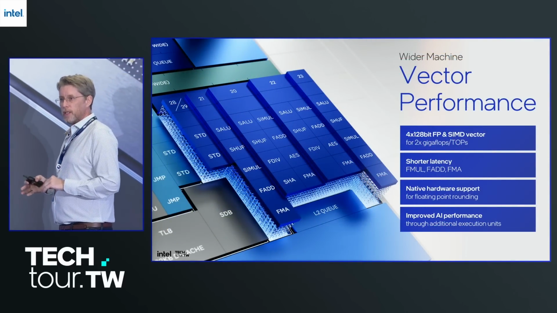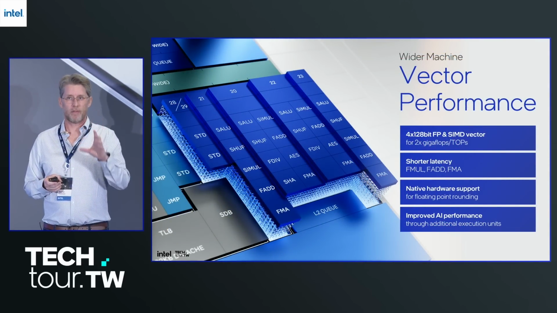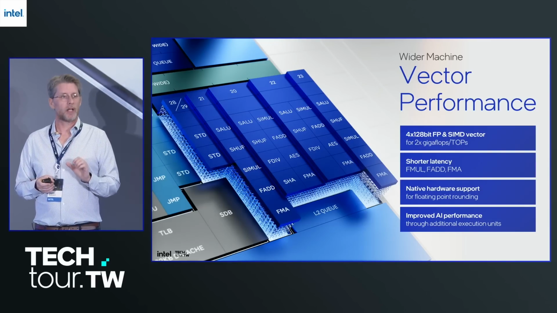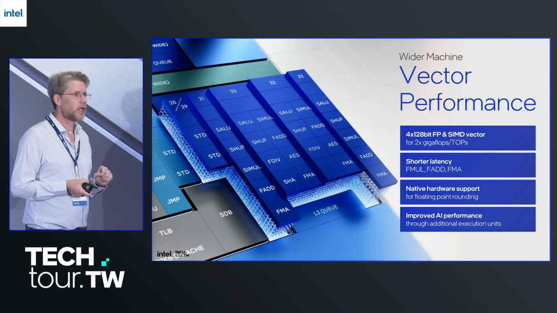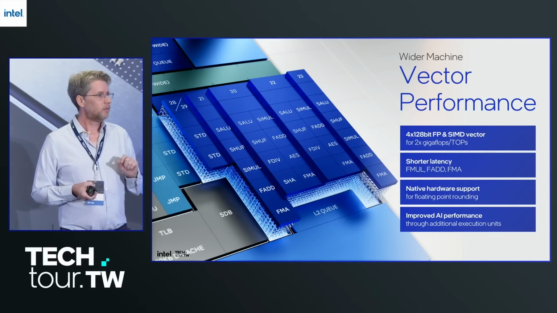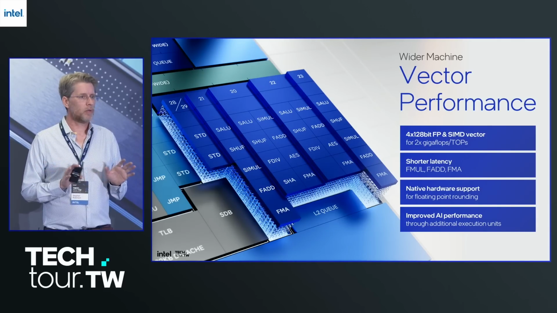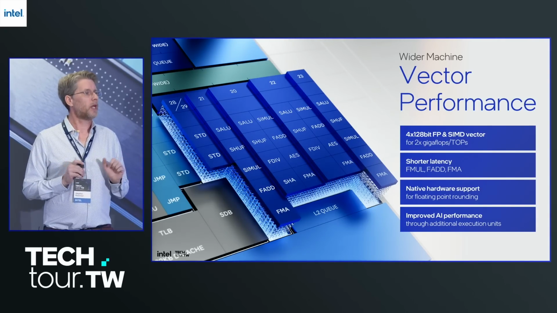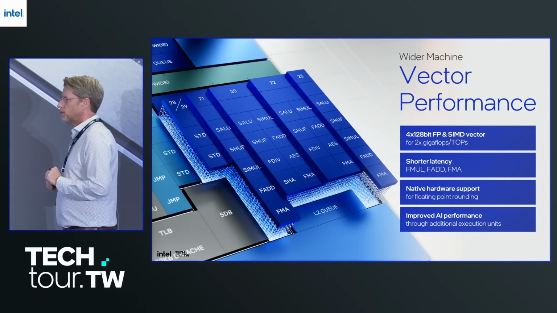Now here's the other thing. This was one of our fundamental things that we wanted to do. I mentioned vector performance. Previously, for floating point operations, we had 2 128-bit pipelines. As table stakes, part of our plan, we wanted to make sure that we were industry competitive. So we doubled that. Now we have 4 128-bit floating point pipelines.